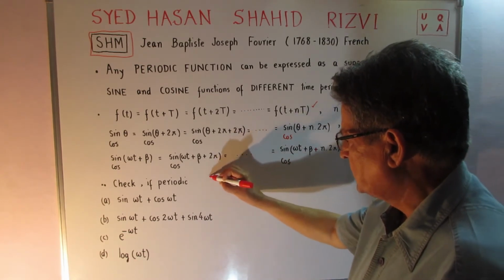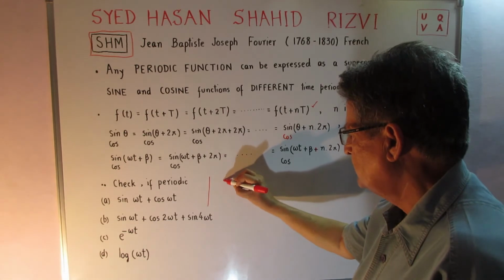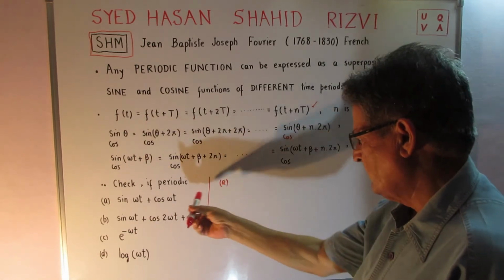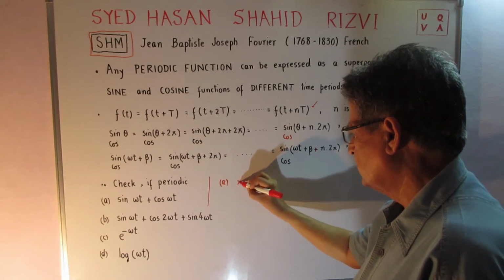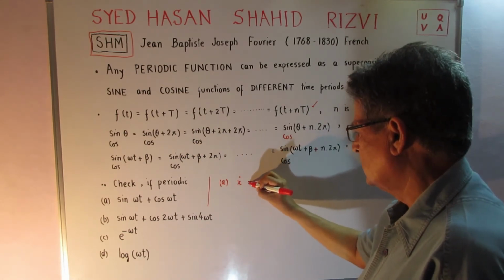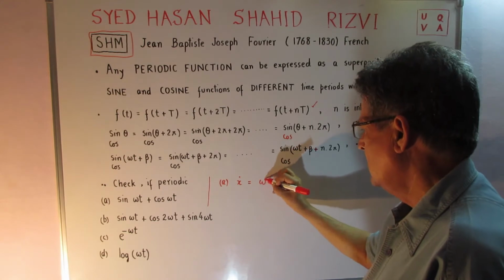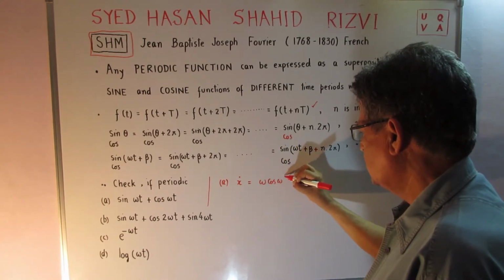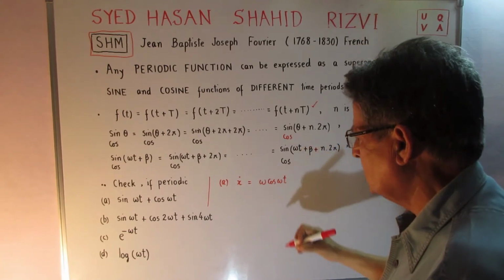So in the first case, let's take A. This is the value of x, so x dot becomes equal to omega cos of omega t by the usual method. I will not try my method over here.